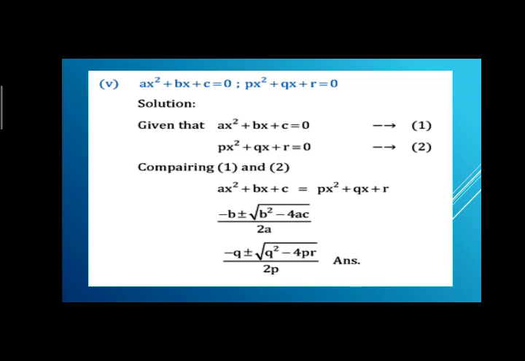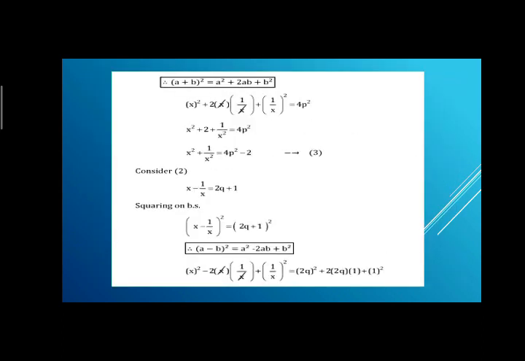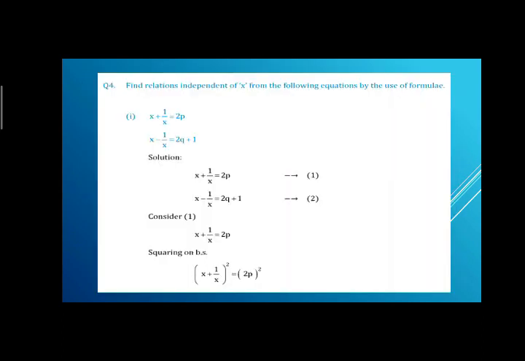Hopefully you all understand. In this equation we apply the quadratic formula because here we have the equation in the form of a quadratic. That's why we apply the quadratic formula over here. But if you have just a simple equation, like question number 1, in which the equation is x plus 1 over x is equal to 2p, and the second equation is x minus 1 over x is equal to 2q plus 1, here we easily apply the formula of (a plus b) and (a minus b) whole square.